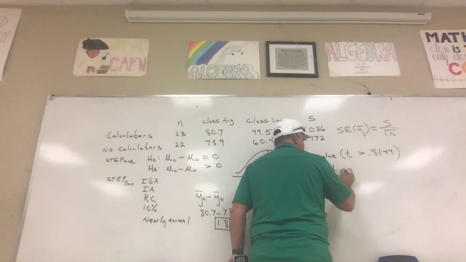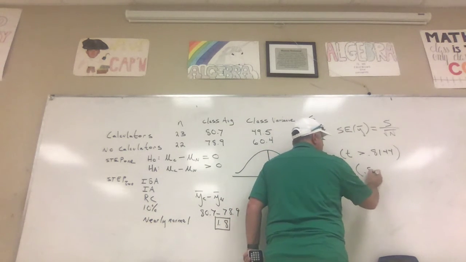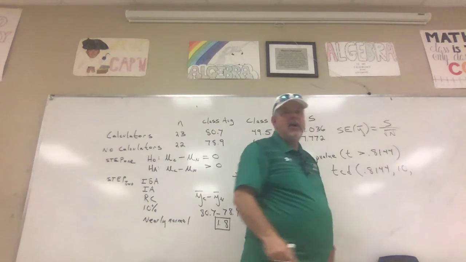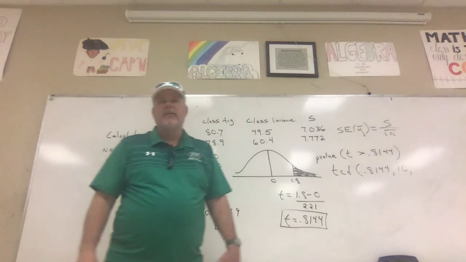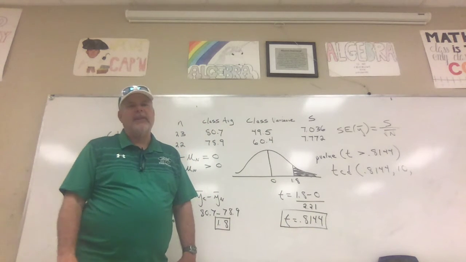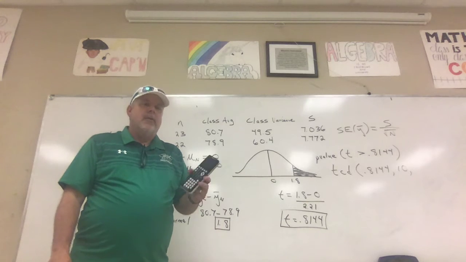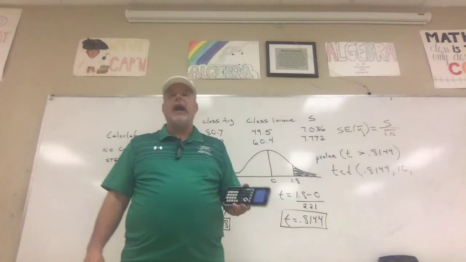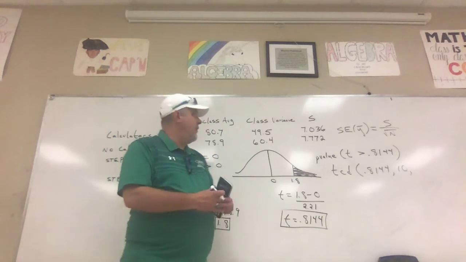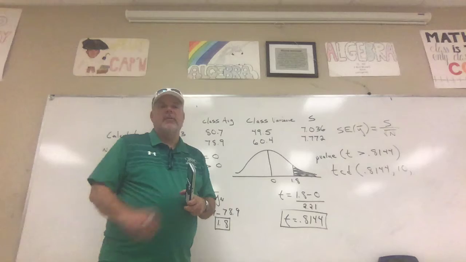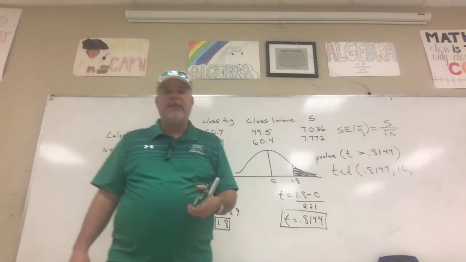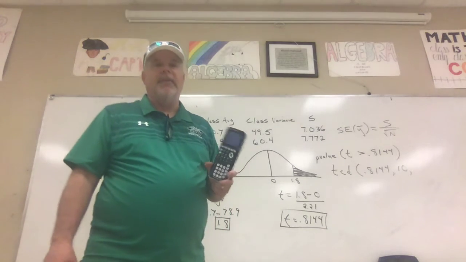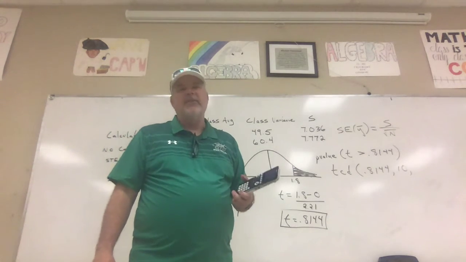That is tcdf from 0.8144 to 10 with how many degrees of freedom. This is what puts us a little bit in a bind. The only way to calculate the true degrees of freedom is to actually do this problem on your calculator, a 2-sample t-test, which gives you all the answers and the degrees of freedom. I'm not going to do that first.